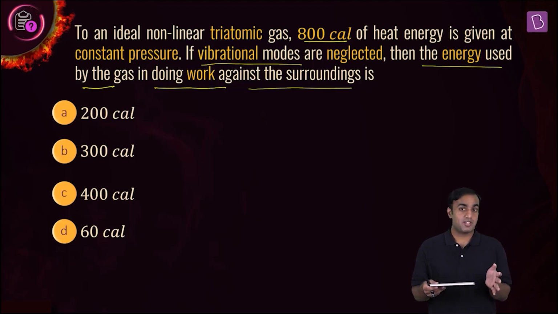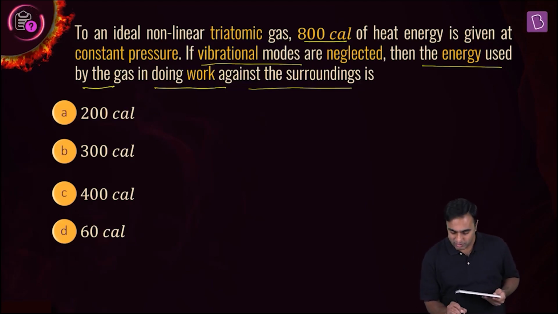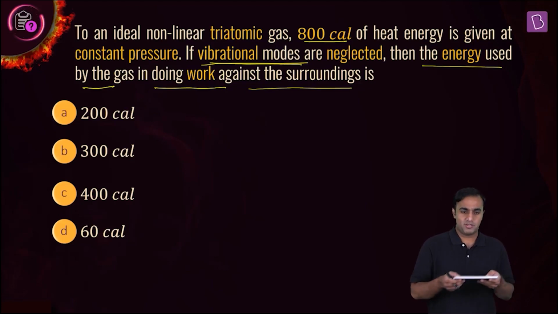There are translational degrees of freedom, vibrational degrees of freedom, and rotational degrees of freedom. But we are asked to neglect vibrational modes. So we have got translational and rotational only. For translational degrees of freedom, we have got 3: one along x, one along y, another along z axis. How about rotational degrees of freedom?